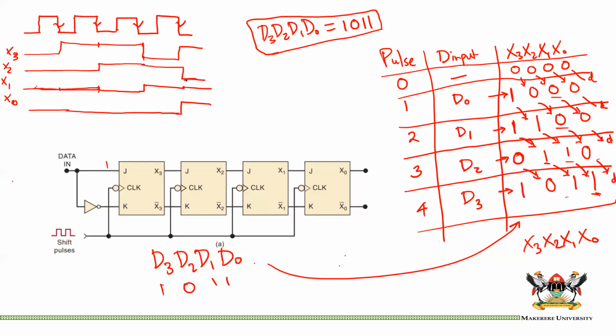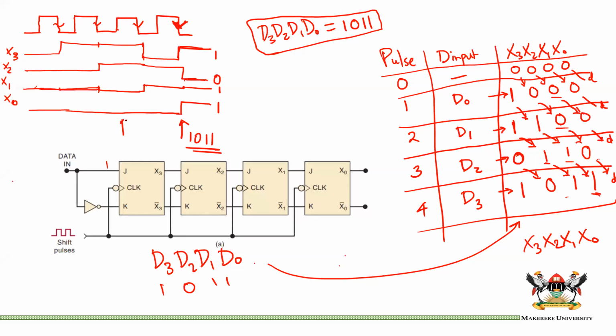So if you want to draw your things, you can actually take them from the truth table. And if you notice at the 4th clock pulse, if you want to see the state, starting at X3, X2, X1, X0, it will be 1, 0, 1, 1, which tells us that our information has been transferred fully.